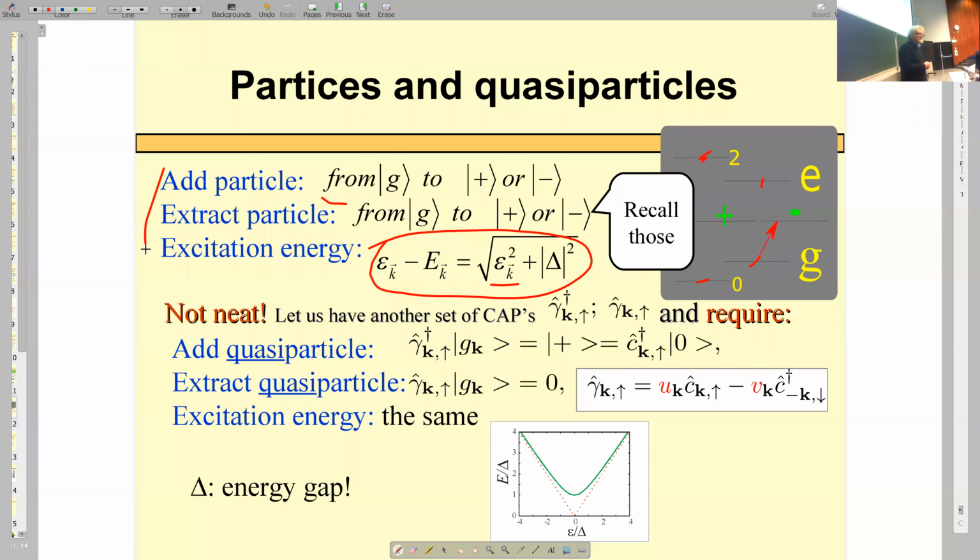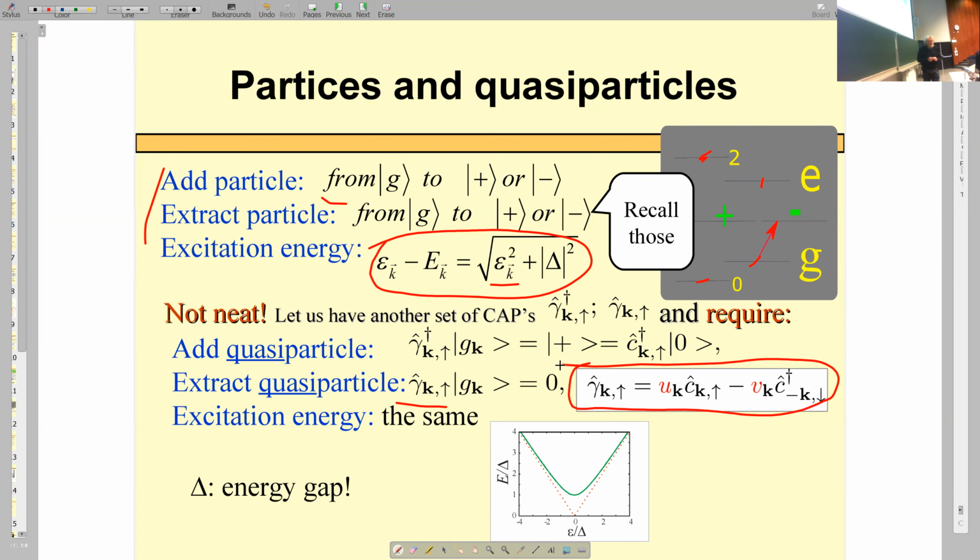Okay, let's do this. Let us try to find an operator, gamma, which does the job. And if you try to look for a form of this operator, one can see that this superposition of adding and extraction of particles will result in extraction of quasi-particles. So we have to make a linear transformation of operators.